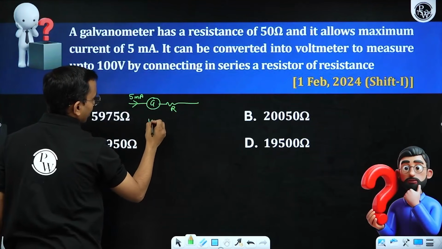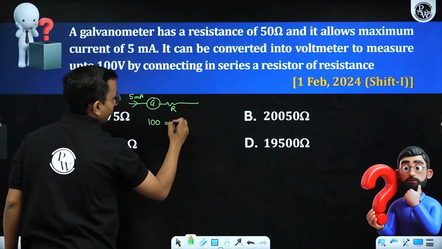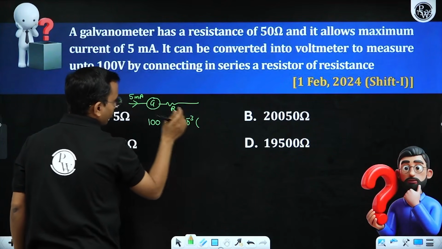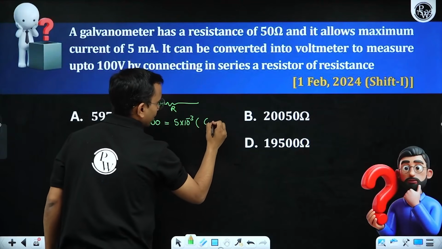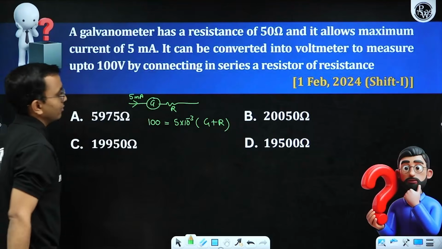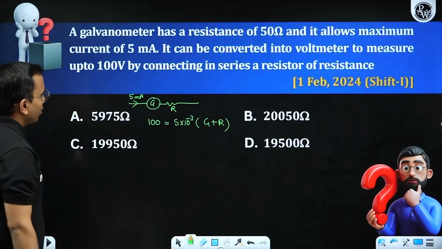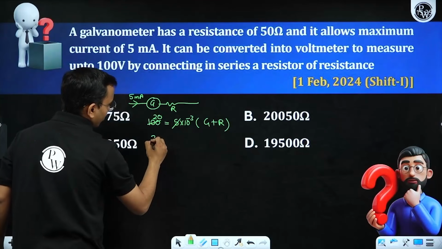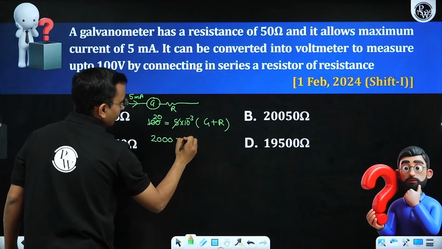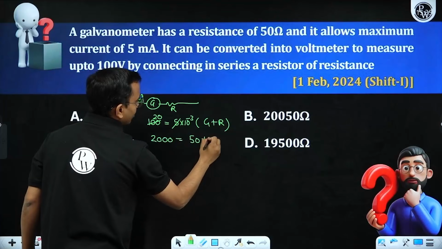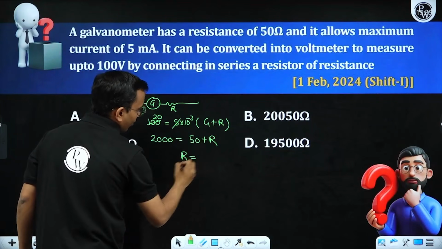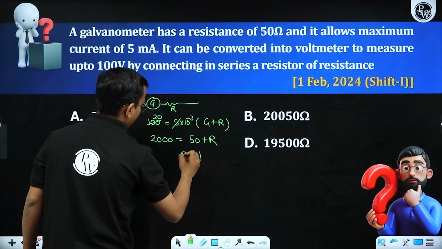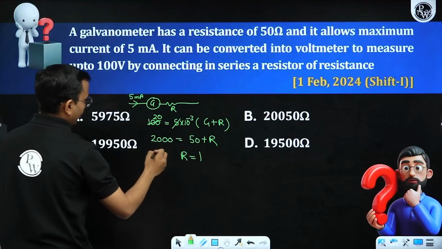So I'll say 100 is equal to 5 milliampere, the maximum current, into the total resistance, that is G plus R. This is how we'll write it. So this will become 5 into 20. So this is 20,000 is equal to G, which is 50, plus my series resistance. From there I get my series resistance, and that needs to be 950.